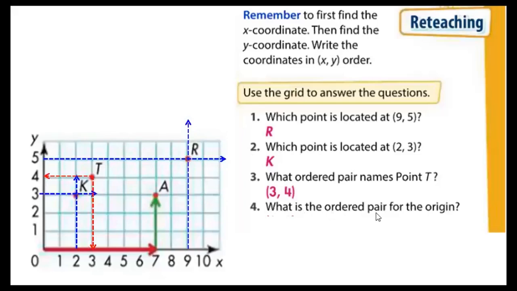What is the ordered pair for the origin? Without looking at any graph, put in your consideration, memorize that any origin point in the world is represented by the ordered pair 0 and 0.